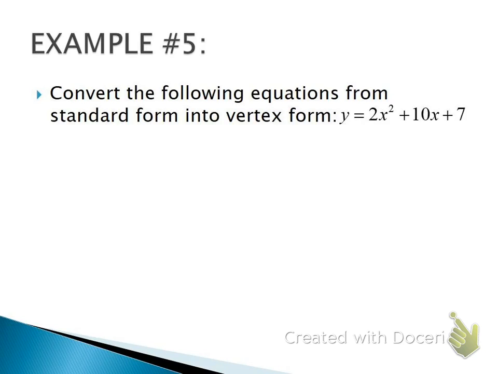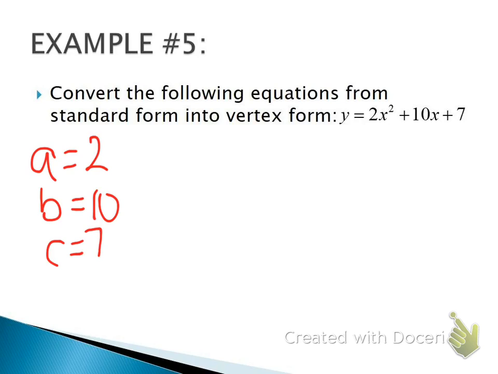How do we find our vertex from standard form? What do we always start with? We identify a, b, and c. What are my a, b, and c? a is 2. b is 10. c is 7.